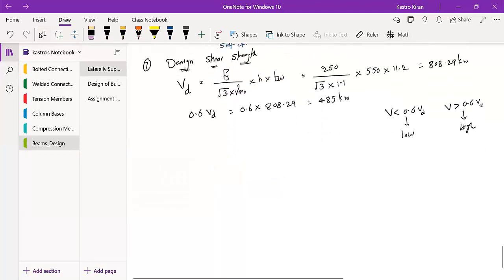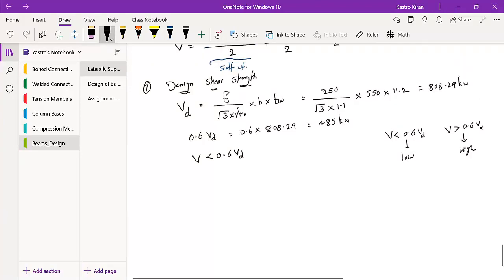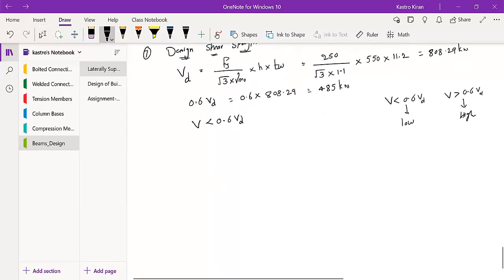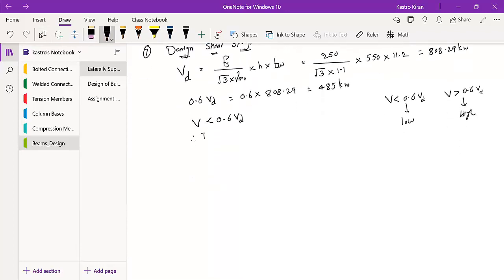So here V, that is 267.94, is less than 0.6 VD, that is 485 kilonewtons. Therefore, it is a low shear case.